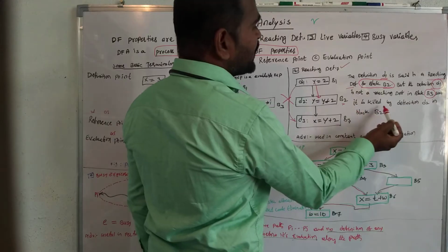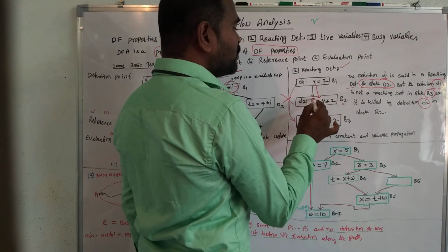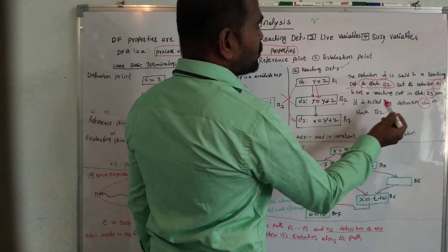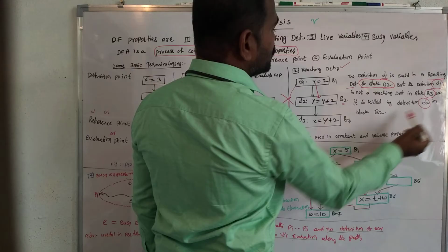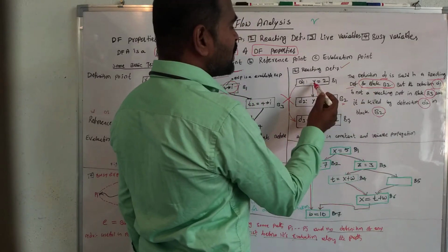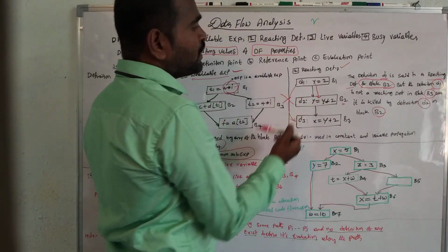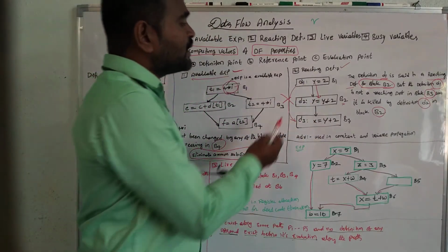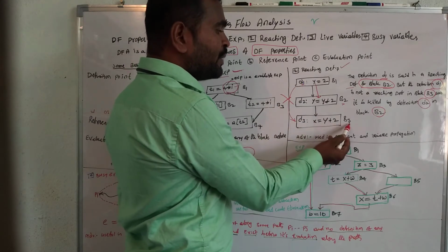Because it is killed by the definition D2. So the y value here is killed here. So that is why, because it is killed by definition D2 in the block B2. So in the B2 location the y value is killed by the definition of D2. So that is why this particular D1 is not reaching to block B3.